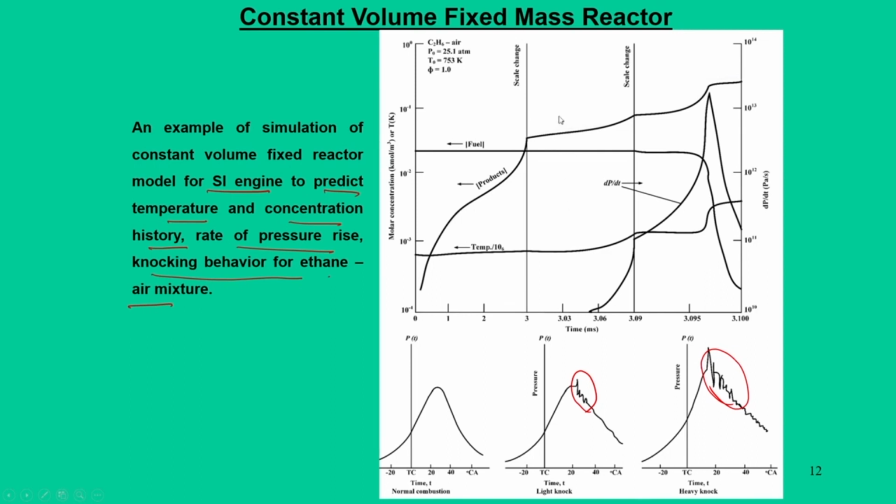The significance of these plots is that all these parameters are modeled through this constant volume fixed reactor scheme, and with this we are trying to predict the different fuel and product concentrations as well as the pressure changes with time.